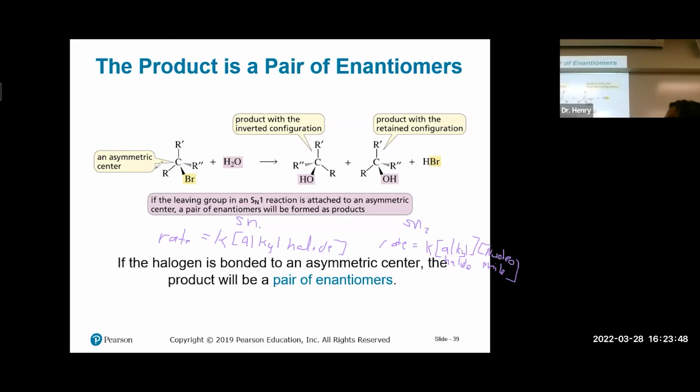So R represents one hydrocarbon. R prime represents a different hydrocarbon. R double prime represents a different hydrocarbon. So there's three different hydrocarbons. They could all be the same or they could all be different, right? But the only way that it would be an asymmetric center is if they were three different hydrocarbons, right?